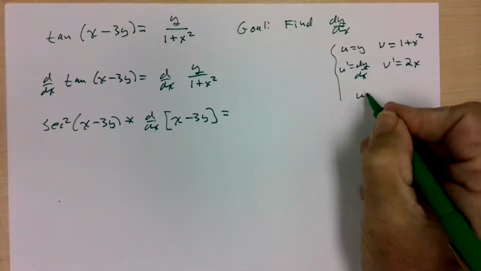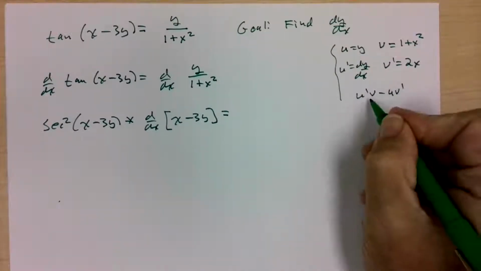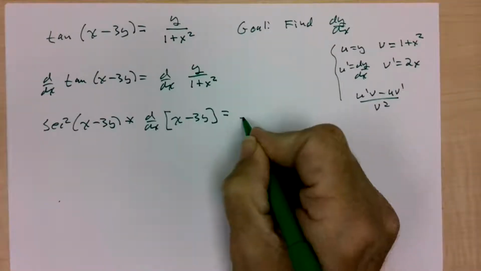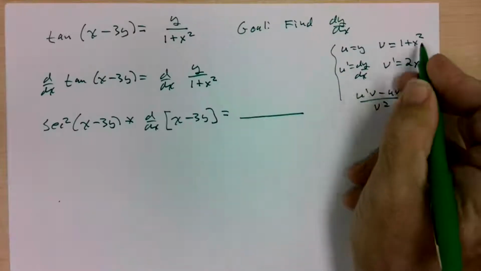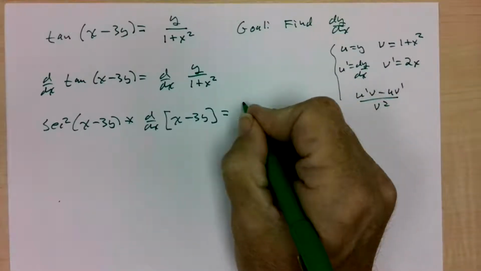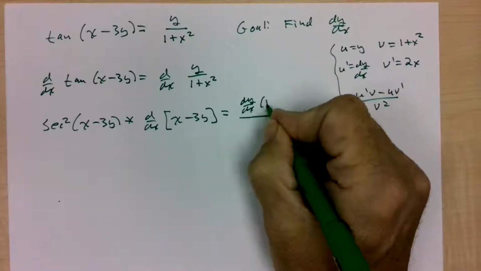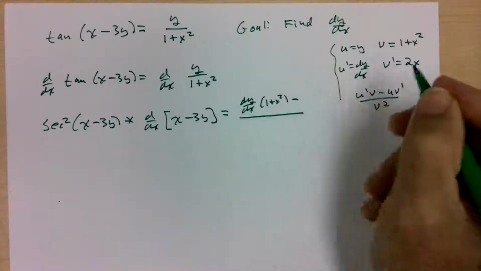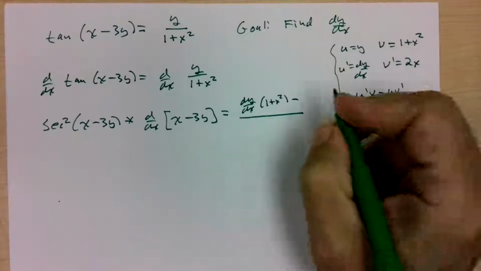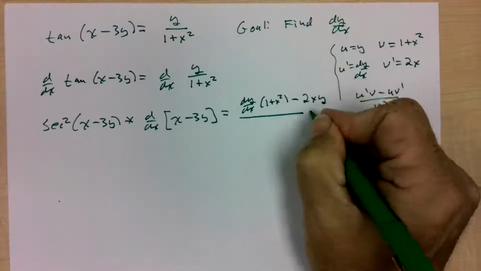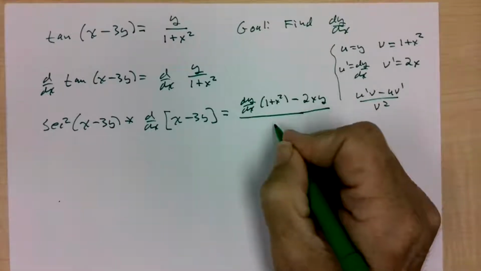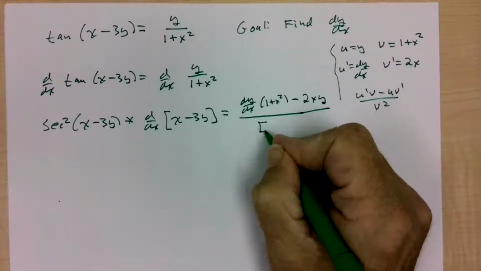So normally we get u prime v minus uv prime over v squared. What will that be? U prime v is dy dx times 1 plus x squared, minus uv prime, minus y times 2x or 2xy, all over v squared, all over 1 plus x squared squared.